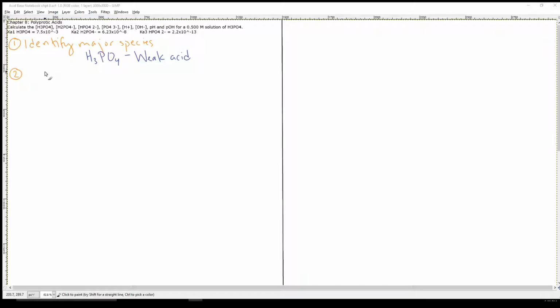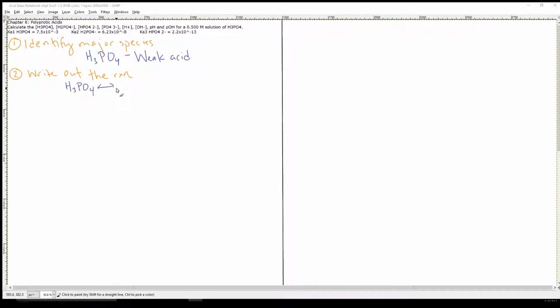Then we would write out the reaction. So this is where you're going to see what I mean by more than one reaction, or more than one hydrogen being released. The first one we'll write out would be H3PO4, and it's weak, so what kind of arrow do we use?